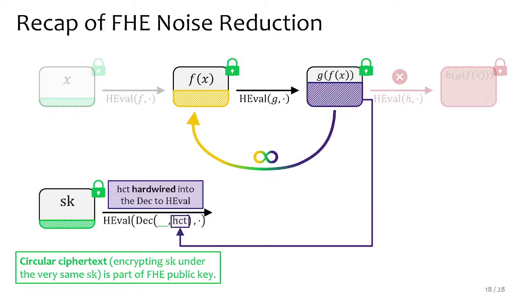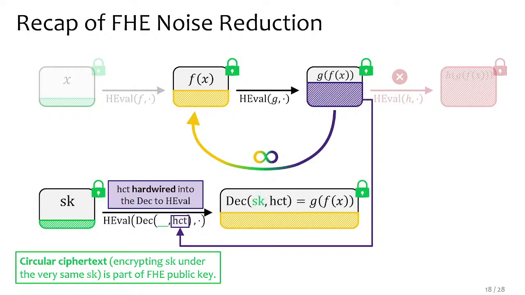The function you evaluate is the decryption function, taking the input as the secret key. And you hardwire this ciphertext that's about to overflow. If you apply this function to the secret key, you will obtain the decryption result, which is the message under the ciphertext with large noise.